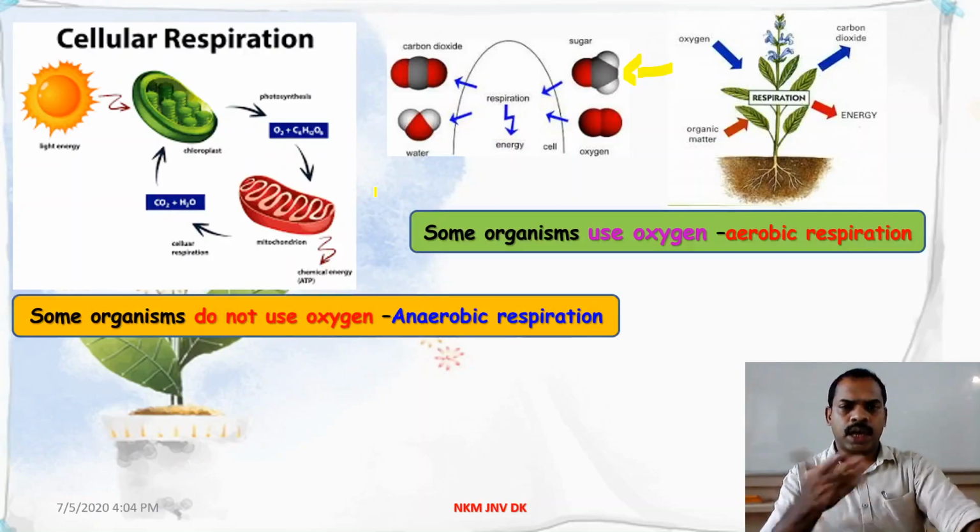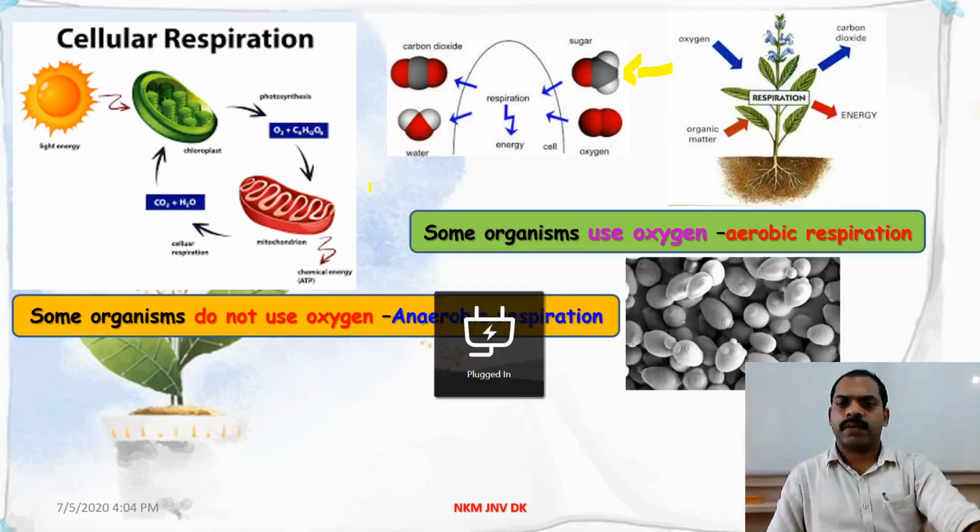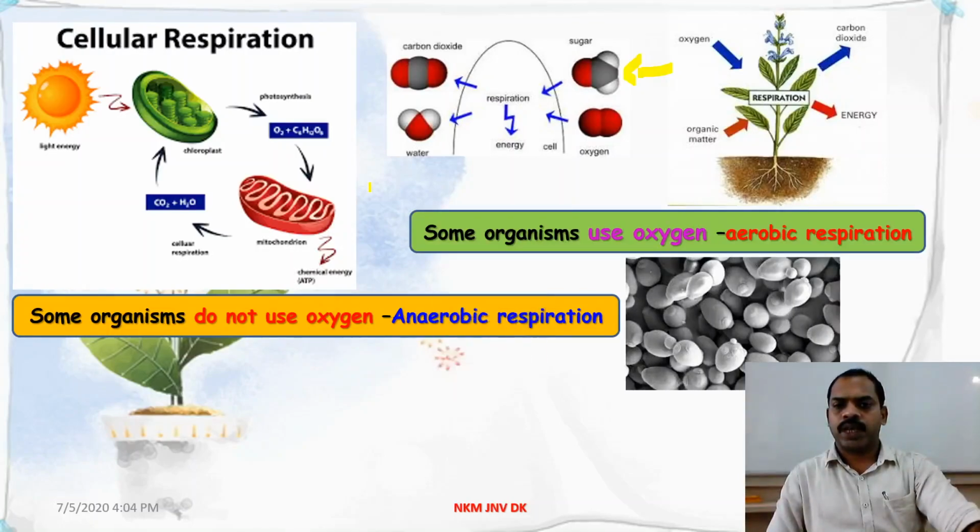But there are certain other organisms that do not need oxygen at all. They are called anaerobic organisms, and such a type of respiration is called anaerobic respiration. Basically, only microorganisms come under anaerobic organisms.